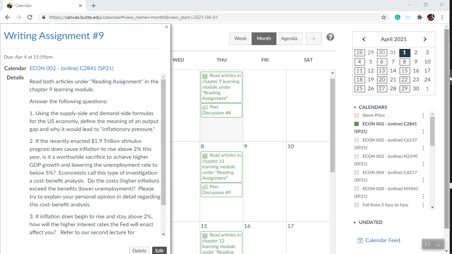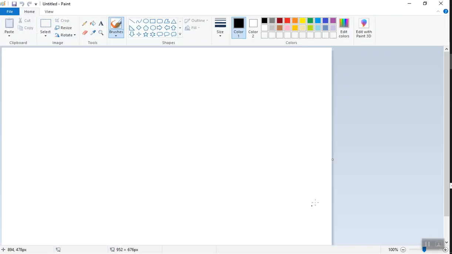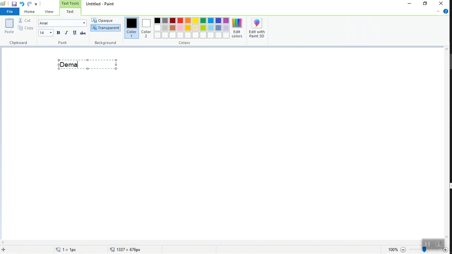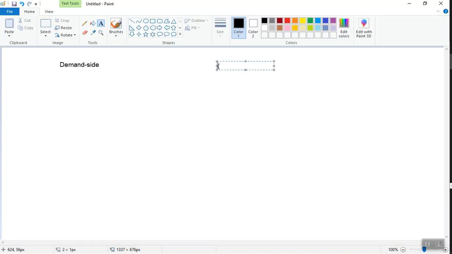The first question asks us, in the writing assignment, to use the supply and demand side formula for the US economy to define the meaning of an output gap and why it would lead to inflationary pressure. So let us draw or write the two formulas side by side. I'm going to have the demand side on the left and the supply side on the right.